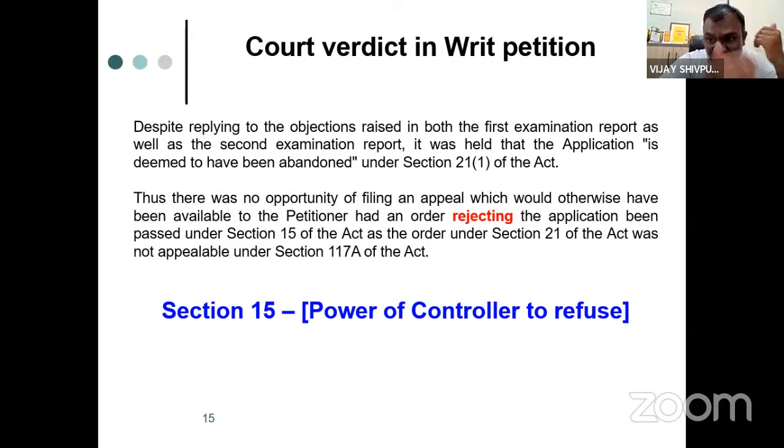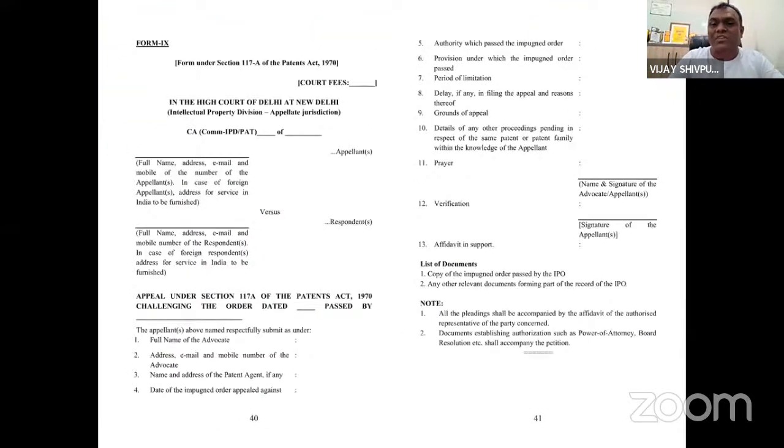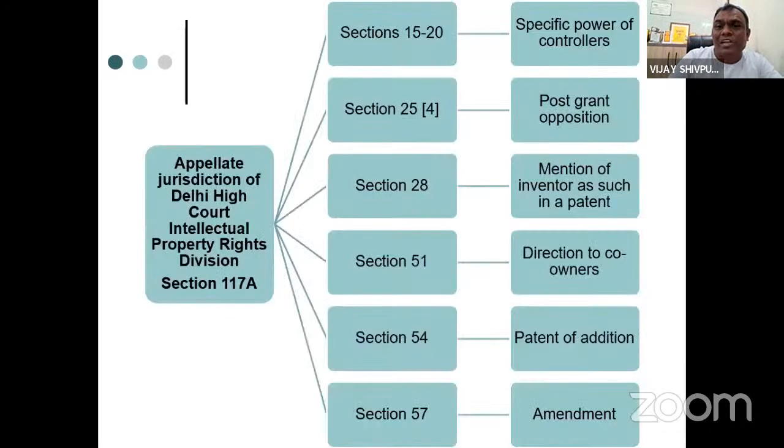But then there is a procedural way, and that procedural way was very crucial in this particular case. The applicant wanted the patent refused under section 15, because if it is done under section 15, then they have the opportunity to go through the appellate route through IPAB, because this power of refusal can be appealed to IPAB.